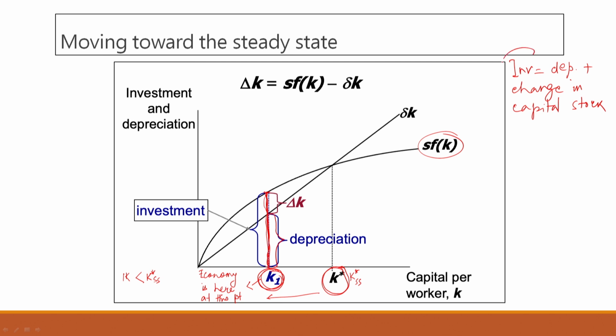So, we know this one already. We also know the amount of depreciation. How do we know the amount of depreciation? That is because this is the line, it is touching the line here. So, this is delta k, this is our depreciation.